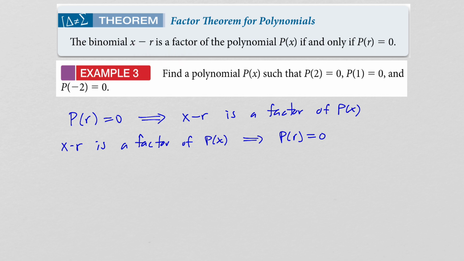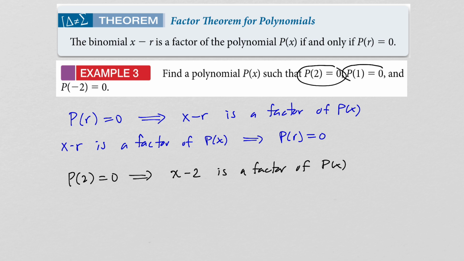So for example, in this problem it says, find a polynomial p of x such that p of 2 equals 0, p of 1 equals 0, and p of negative 2 equals 0. So let's start with p of 2 equals 0. If p of 2 is equal to 0, this means that x minus 2 is a factor of p of x.